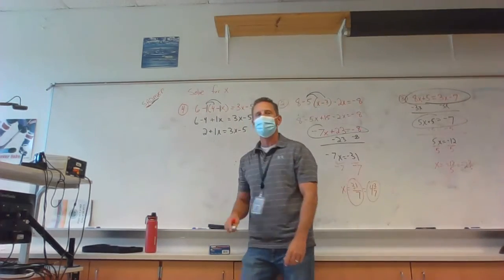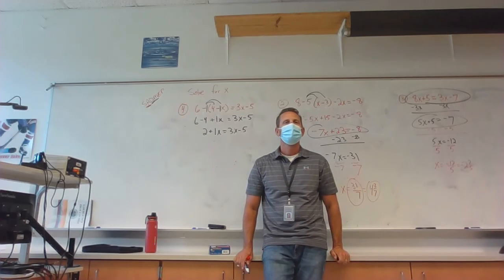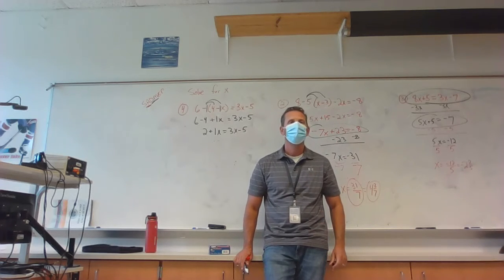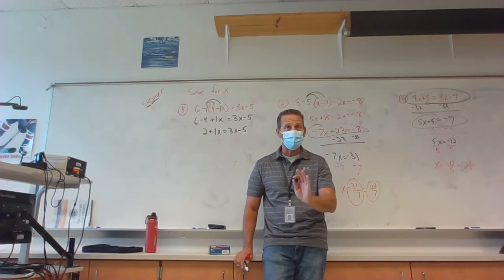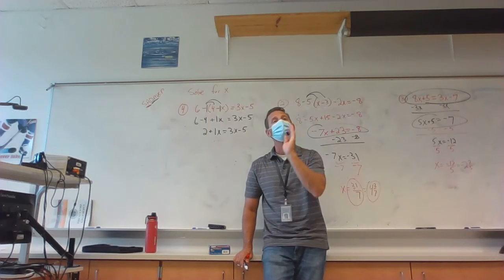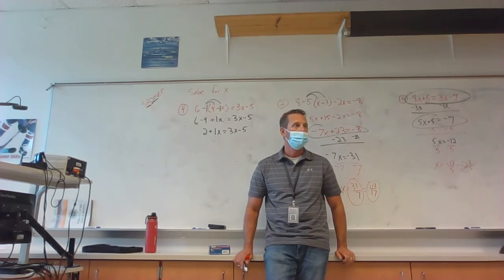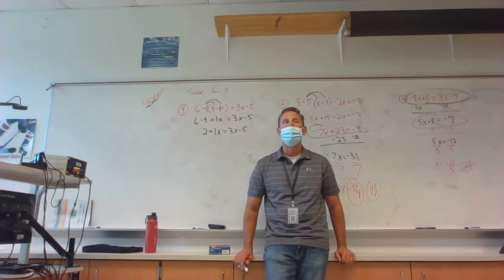Okay, what if I wanted to subtract x? For me, x always is on the left. Some people, though, like to move the smaller variable to the larger variable side because then you could avoid doing negatives, right?